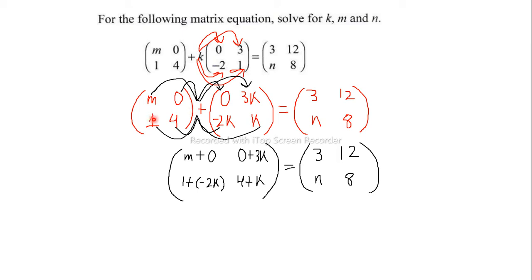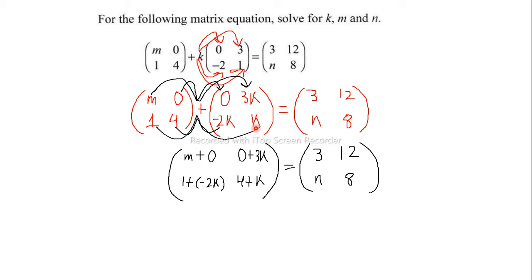Same thing with this. This is in the second row, first column, so we have to use this one, which is in the second row, first column. 4 is in the second row, second column, so you have to use this k, which is in the second row, second column. So when you add matrices, you add corresponding entries. So m plus 0, 0 plus 3k, 1 plus negative 2k, and 4 plus k.